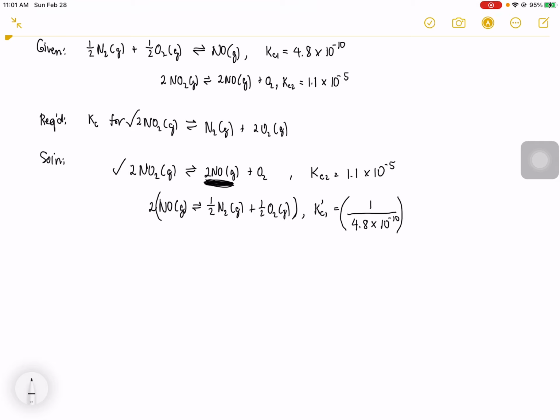And once that is done, we have to also raise this one to the power of 2, since we've multiplied the given equation by 2.